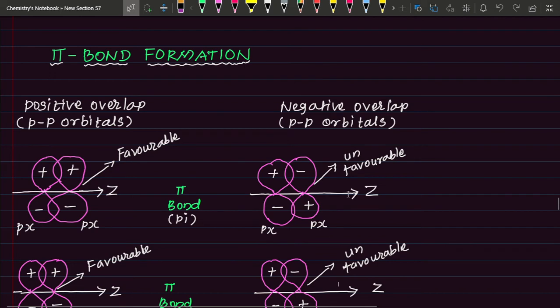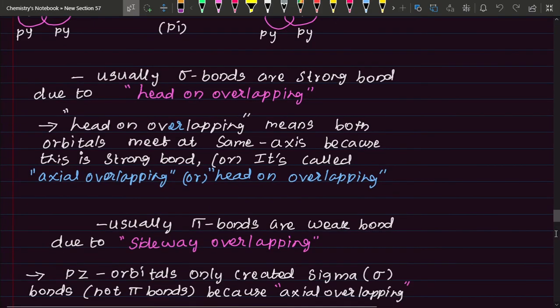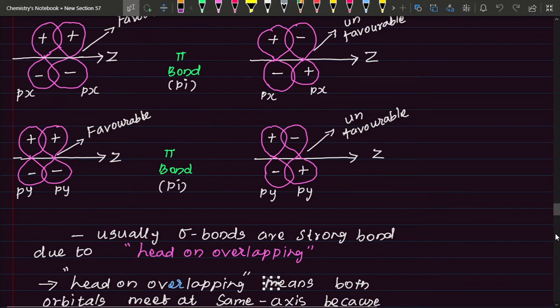Next, see, these both are px, this is the py.